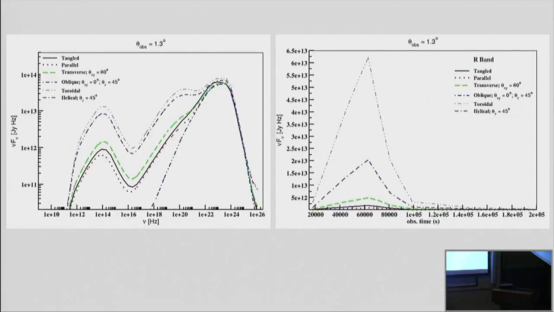I didn't talk about it because it was not an interesting case. It did not show any interesting features which we would be able to distinguish from a randomly oriented magnetic field. That is understood because when you are considering a transverse magnetic field, you really don't see any variation in the light curve.